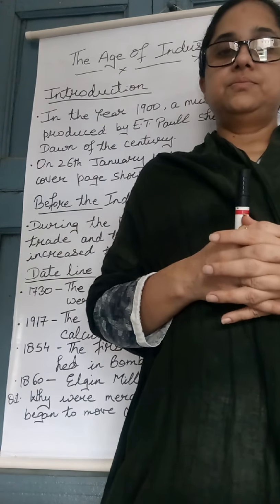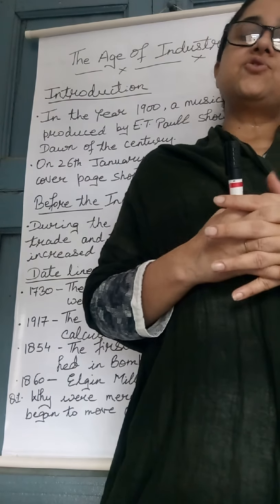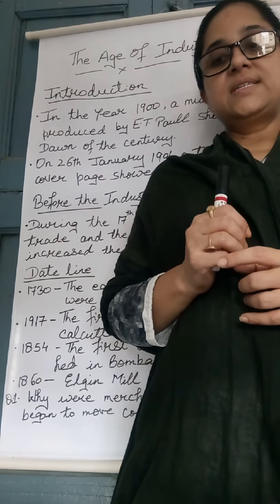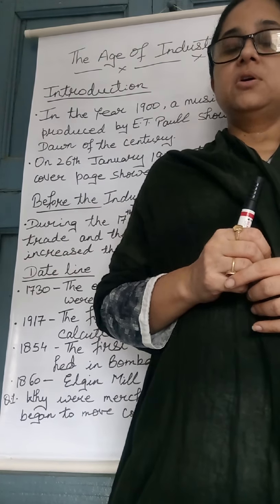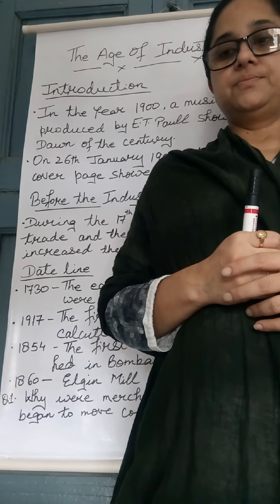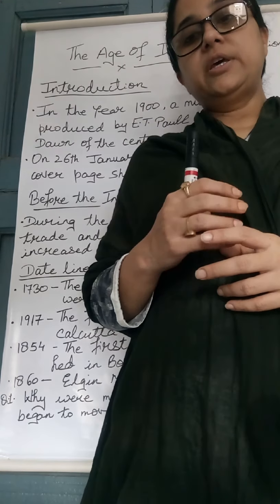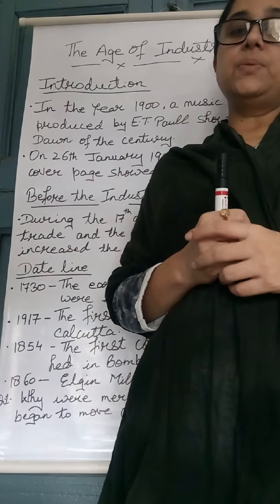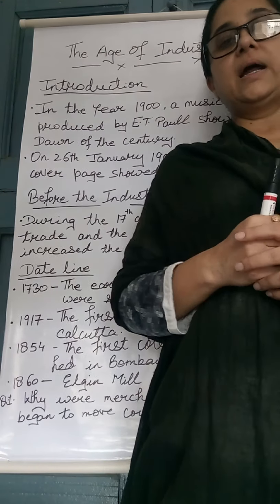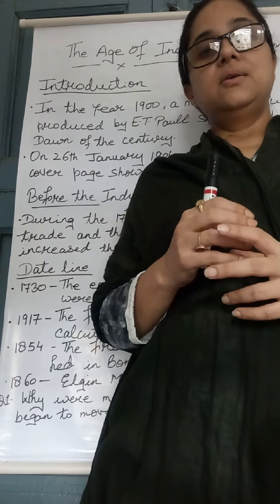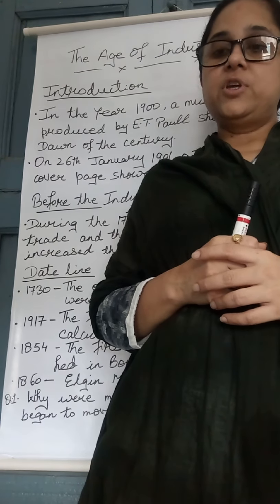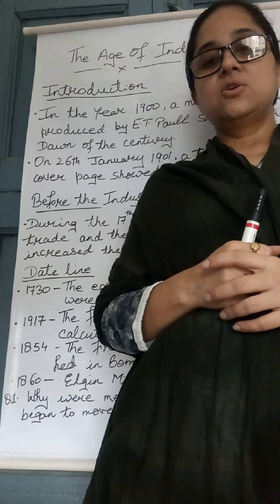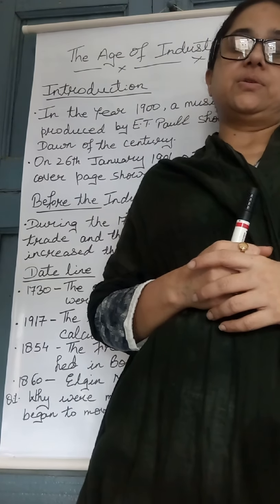The history of industrialization began with the setting up of the first factories, but there was large-scale industrial production in England and Europe, which the historians refer to as proto-industrialization.